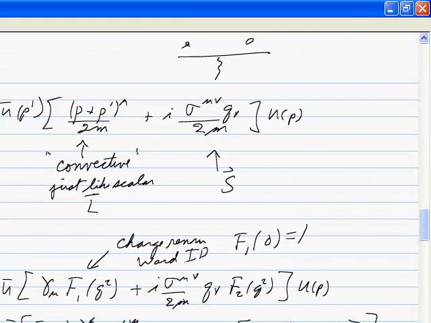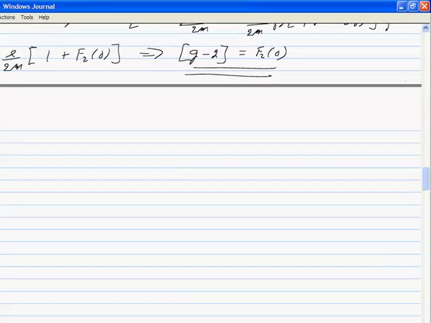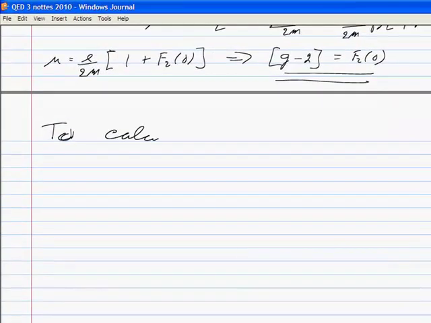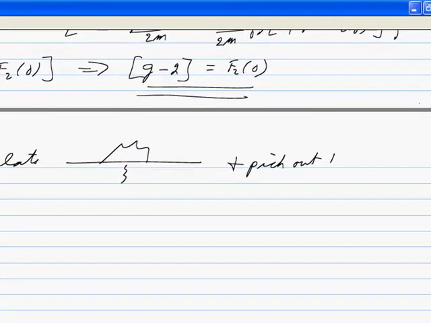So all we really have to do then is to do the calculation. We do this diagram, and pick out F2 of Q squared equal to 0.